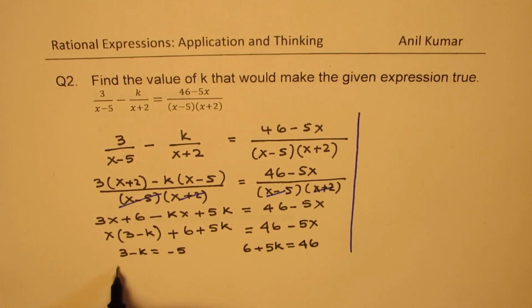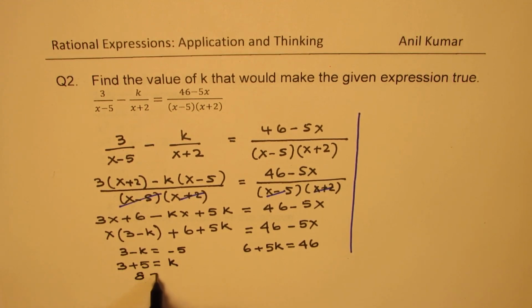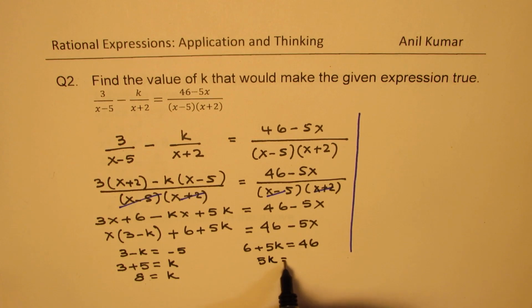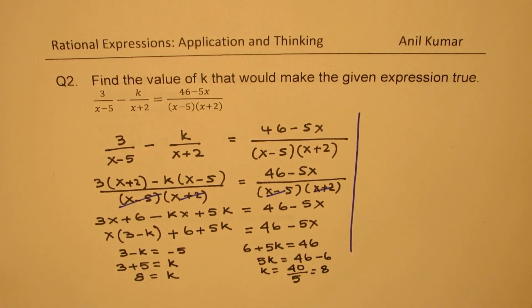Bringing k to the right side, we get 3 plus 5 equals to k. And that gives you 8 as the value of k. On this side, if I take 6 on this side, we get 5k equals to 46 minus 6, which is 40. So k is 40 over 5, which is also 8. Do you see that?